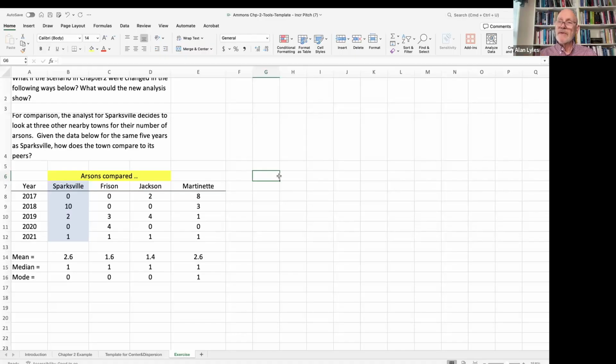There might have been something. If you think of the brush fires that occur in Canada or in the Southwest, there might be some reason why. So you don't want to ignore outliers.